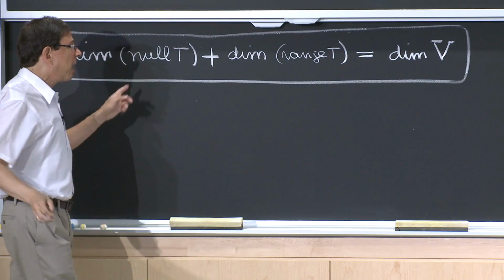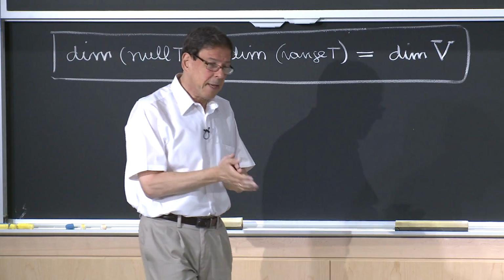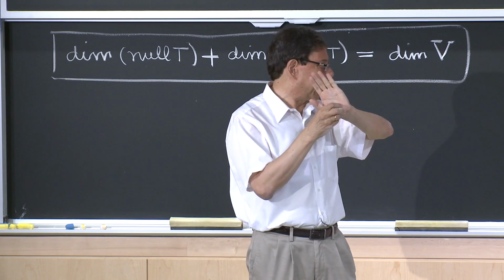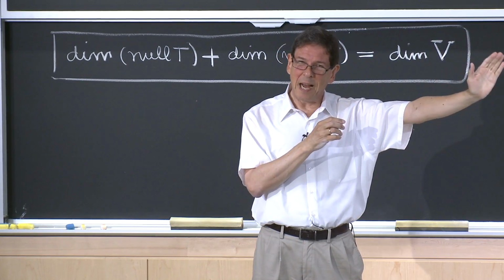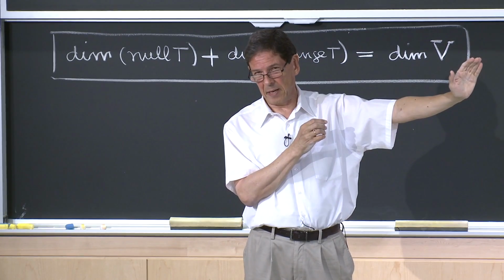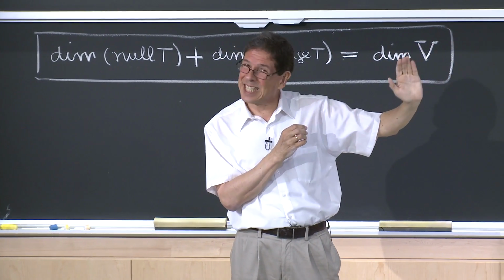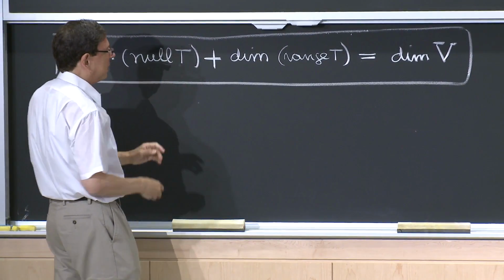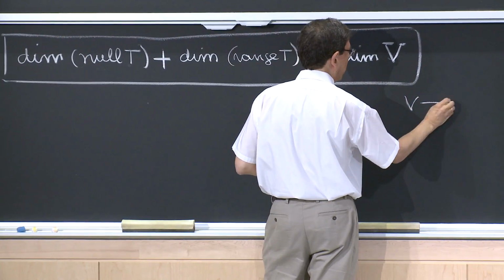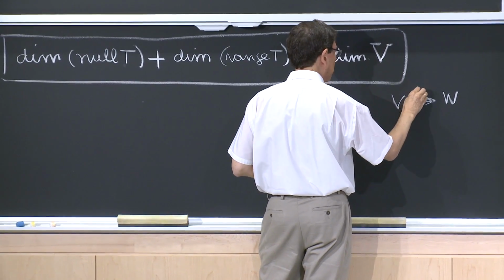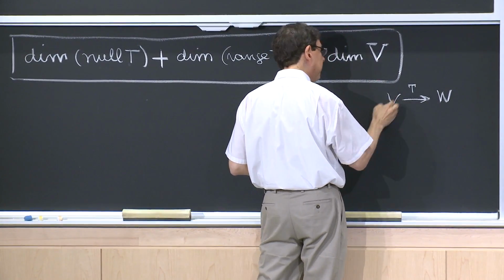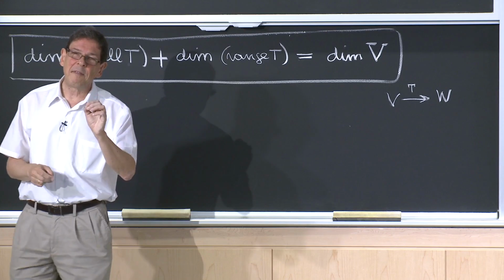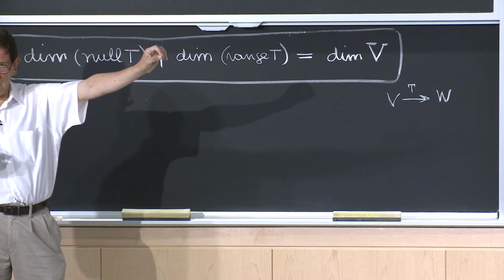In fact, it's more general than the way I've stated it here, in that if you have a linear operator that maps from a vector space V to a vector space W that is a different vector space, this still holds. That is not what we're doing now. We're talking linear operators from V to V. But this theorem even holds when you have a vector space and a map to another vector space.